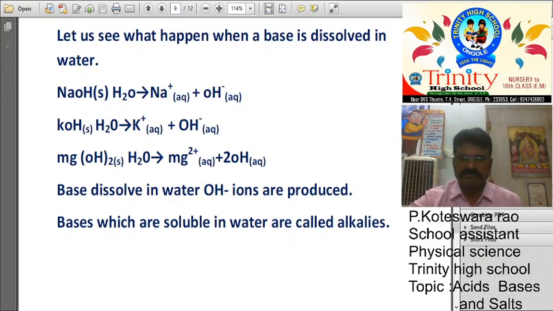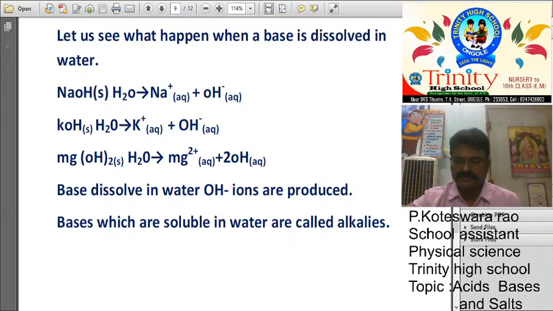Similarly, let us take magnesium hydroxide. Magnesium hydroxide, Mg(OH)2, in the presence of water splits into Mg2 plus ion and 2OH minus ions. We already told this in the introduction class.